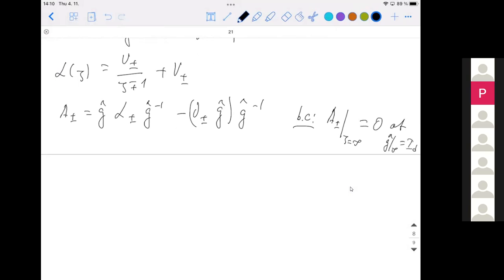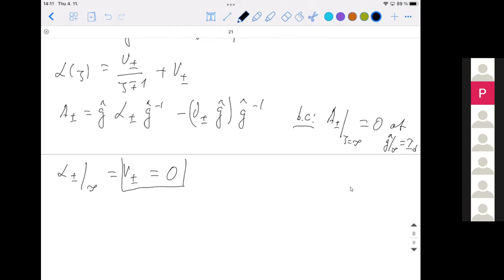So we impose this boundary condition, then that will produce L plus minus at infinity to be equal to phi plus minus, which is 0.